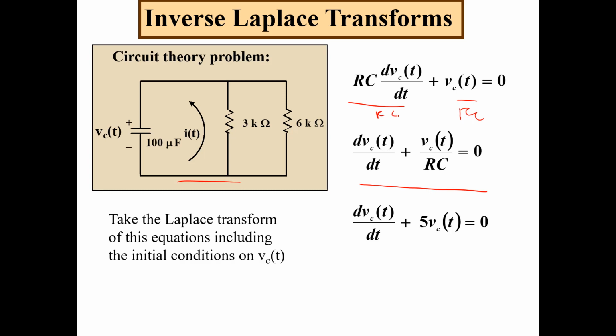Then we put in the constants: R here is the parallel of 3 and 6, so we got 2 kilo ohm, and C is 100 microfarad. So 1/(2 kilo ohm times 100 microfarad) is the 1/RC. So we got 5, and this equation becomes this one.